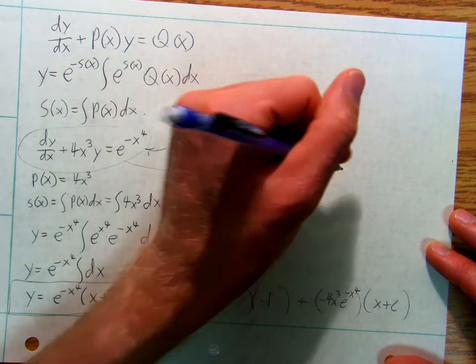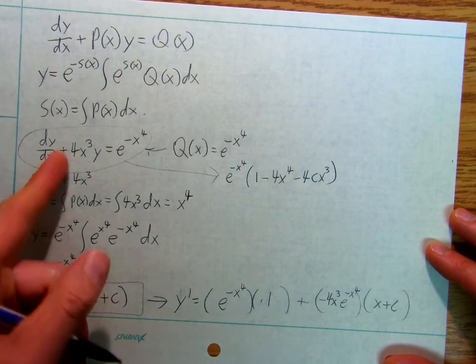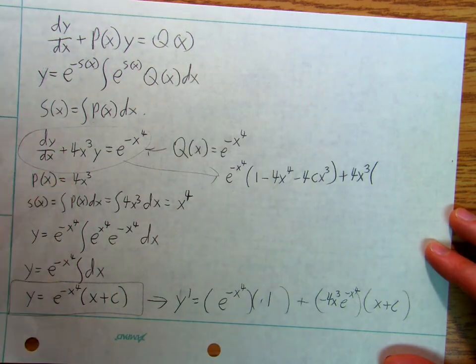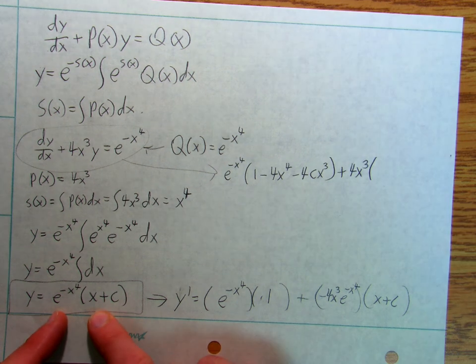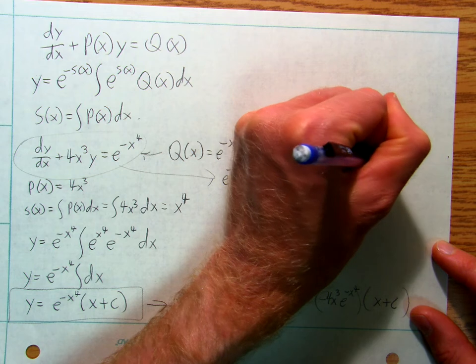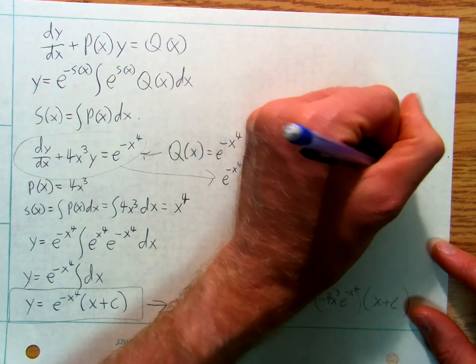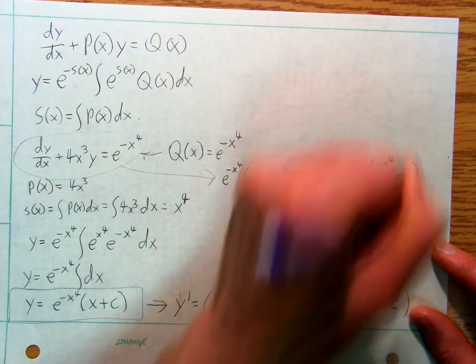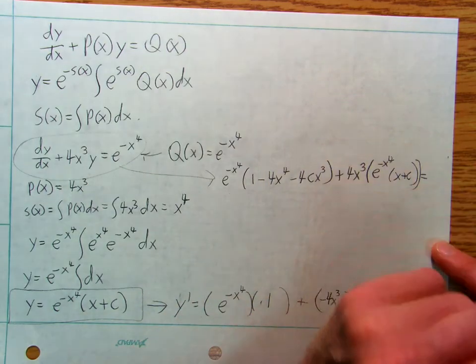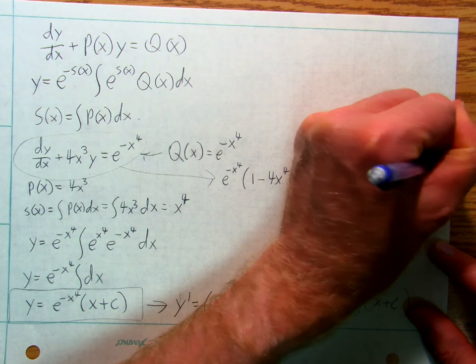I think I've done that correctly. Plus 4x to the third times my y, which is that. There's my y. So e to the negative x to the fourth times x plus c should be equal to e to the negative x to the fourth.